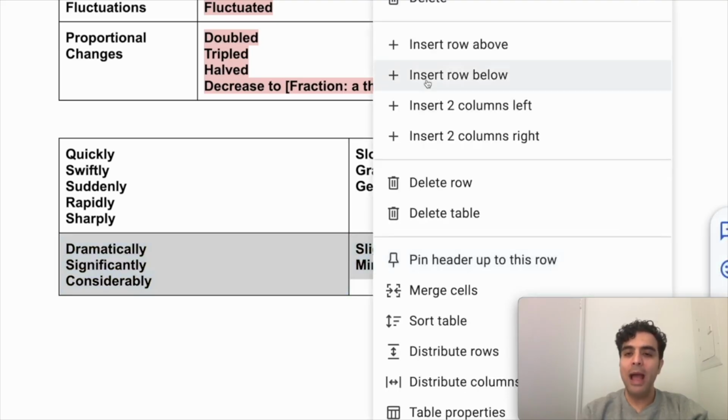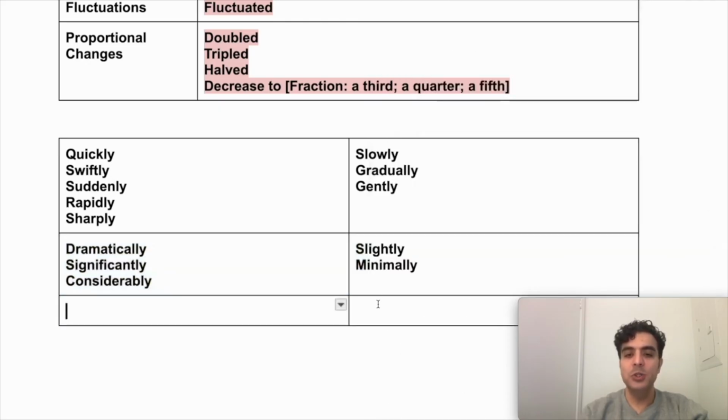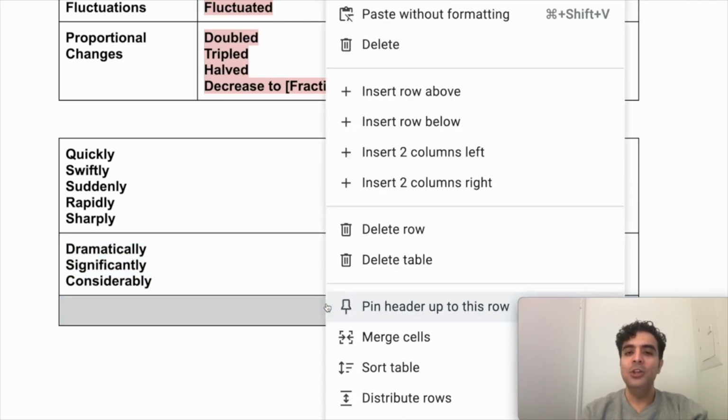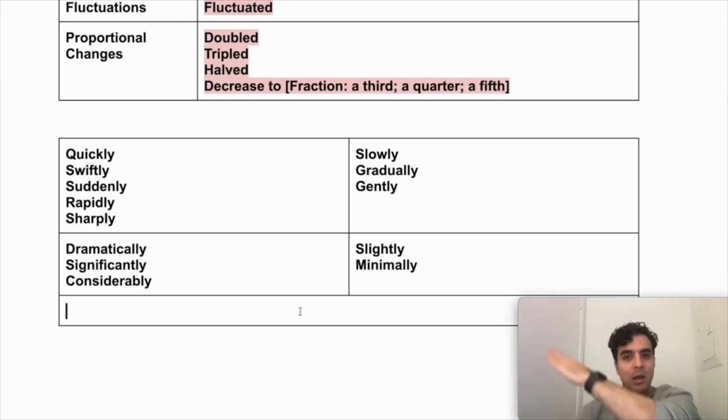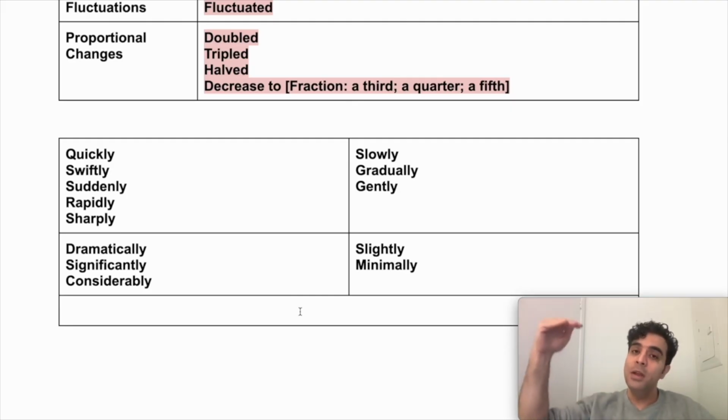There's one more adverb that I want to introduce to you, and that is whenever you're describing an increase or a decrease that wasn't very smooth and steady, but rather the change that occurred was kind of bumpy. So we had an increase, but instead of an increase like this, we have an increase that goes like this, up and down, but the overall trajectory is rising. Or the opposite, you have it going up and down, but the trend is downward.